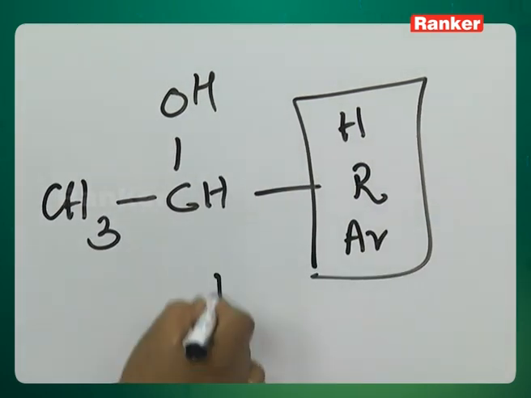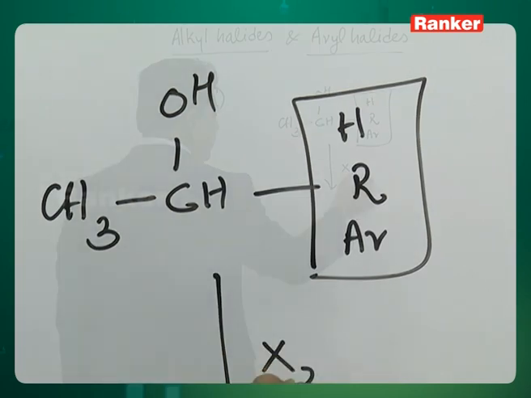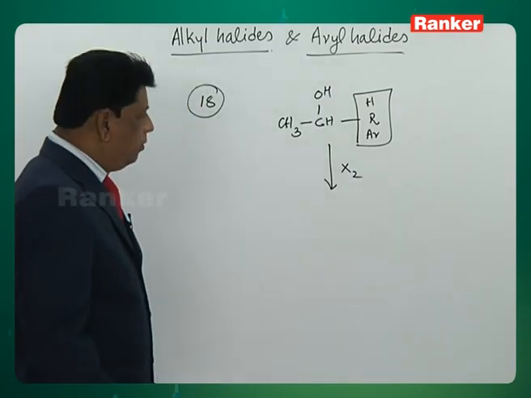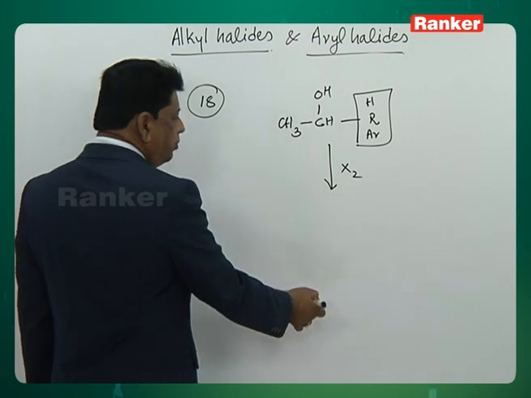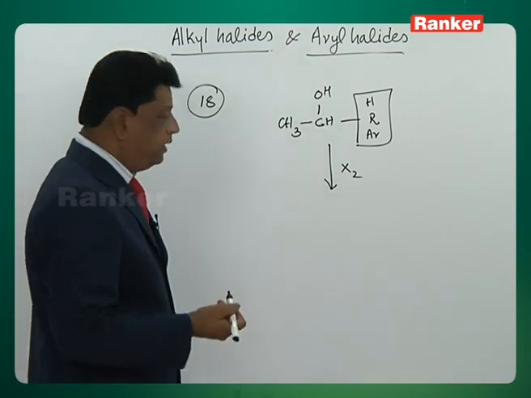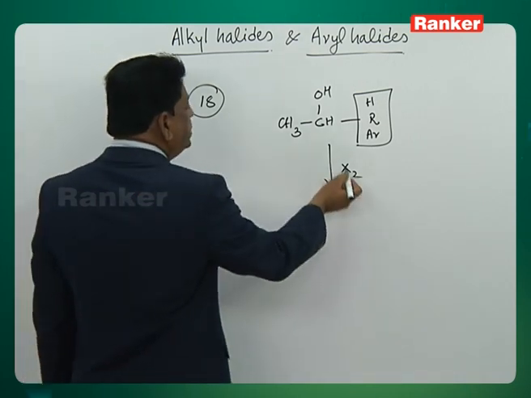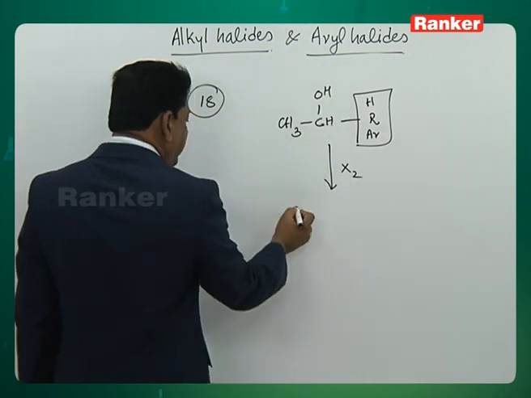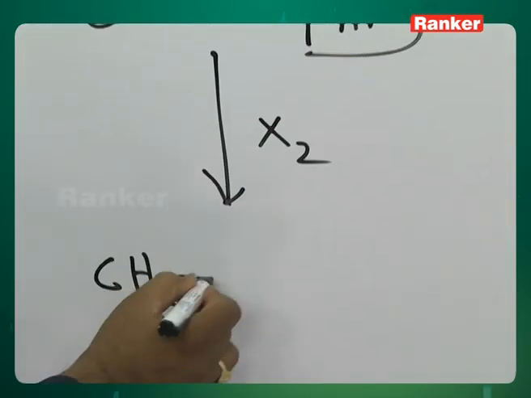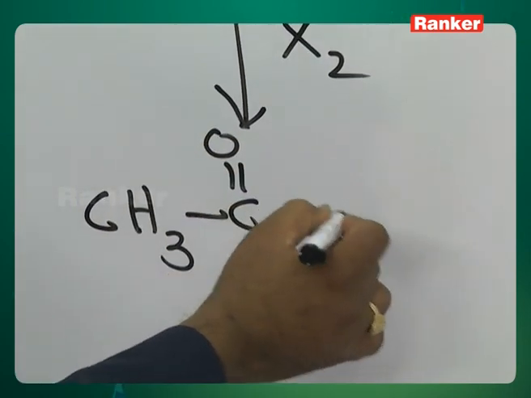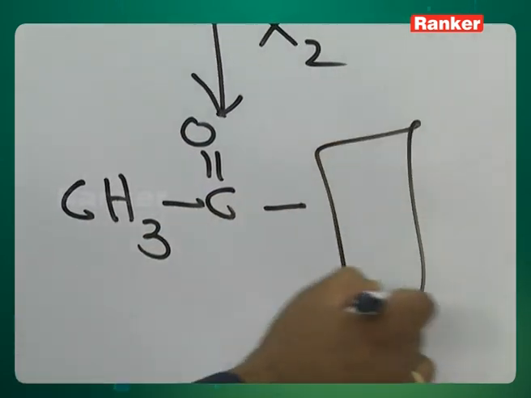All these alcohols, when you treat them with X2, where X can be chloro, bromo, or iodo. In the case of iodine, you will get a yellow precipitate, otherwise the precipitate cannot be formed. Here with X2, the H and H will be removed and they are converted into ketones containing the same type of option.